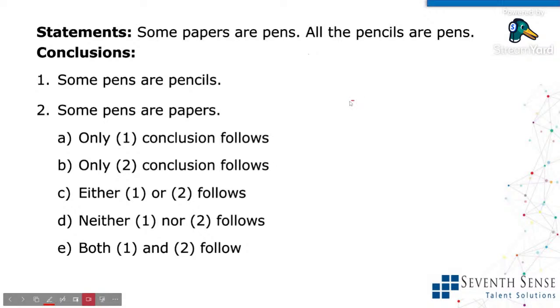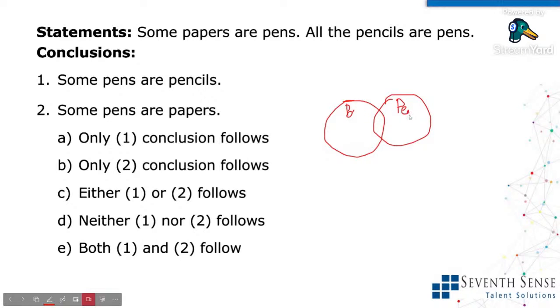Some papers are pens. We'll draw this. I'm going to write PA for this, and for this I'm going to write PE. Some papers are pens. All the pencils are what? Pens. So this is my papers. This is my pens.